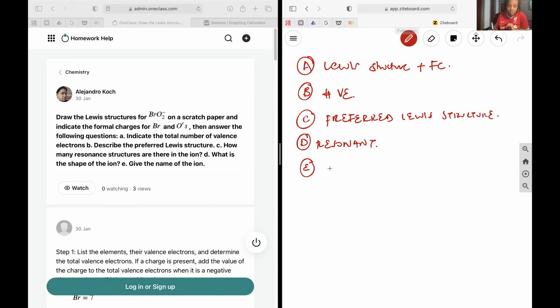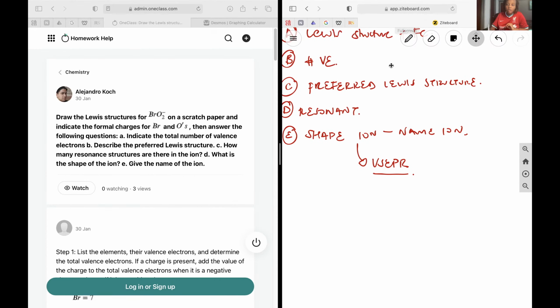And E, what is the shape of my ion, the name of my ion too. So this will relate to VSEPR theory. Let's just do that super quickly. The way that this question is ordered, I'm going to answer B and C. Answering B and C will give me the answer of A.